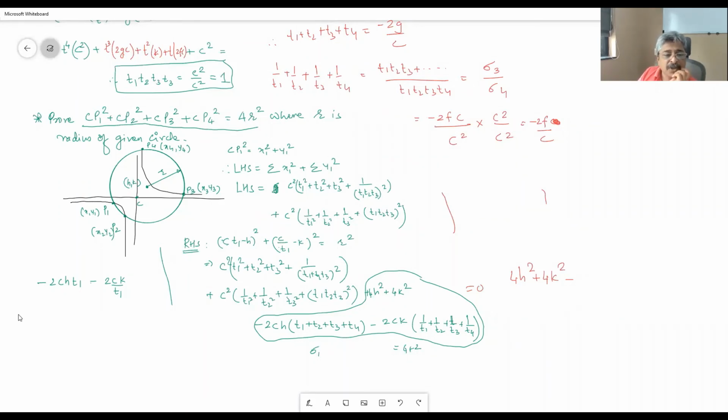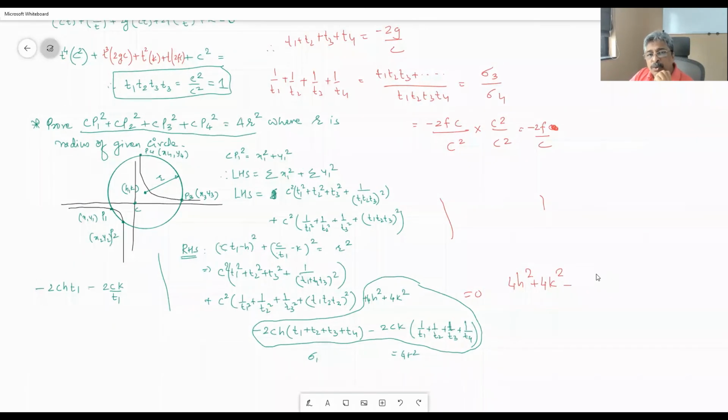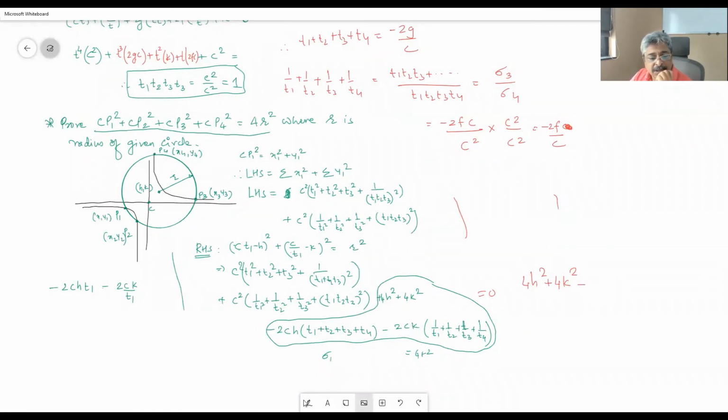अच्छा, in terms of h पाहिजे आपल्याला, so h is equal to minus g, therefore what we will write here is minus 2h upon c, that is the value of bracket, into 2ch, this part.